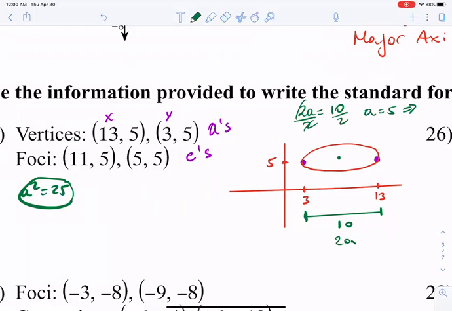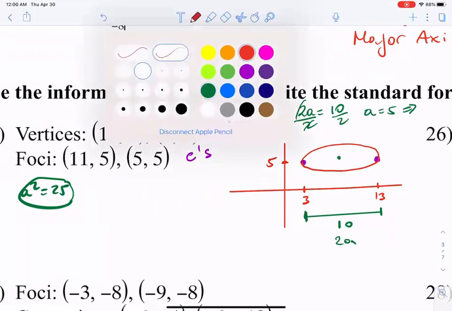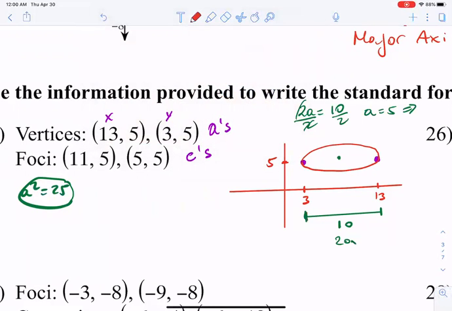Now, they give me the foci, and we know that the foci always follow the vertices, right? So the foci should be here somewhere. Now, look again, what is fixed? These two guys, the y values, are fixed. They're not moving. The only thing moving is the x values, from 5 to 11.